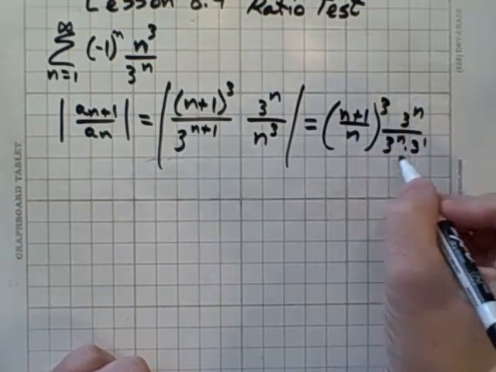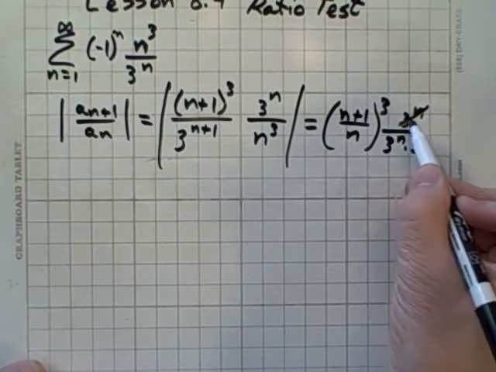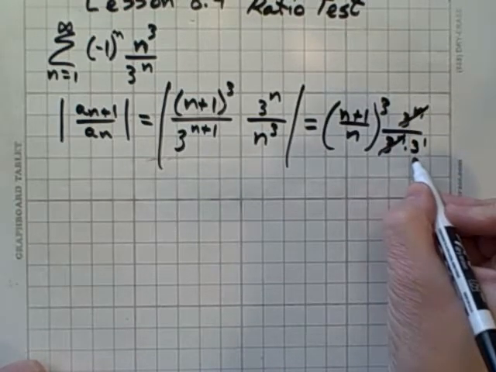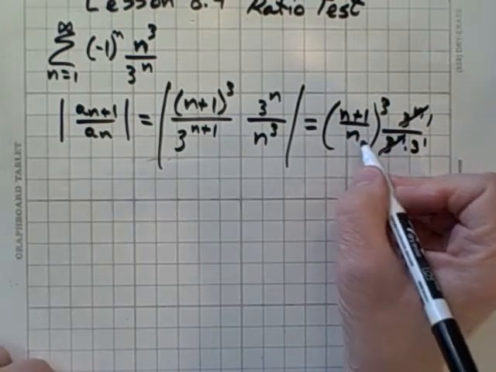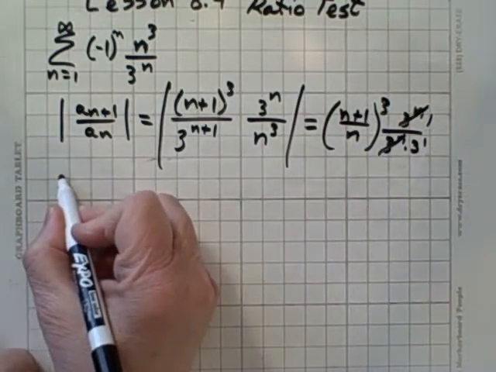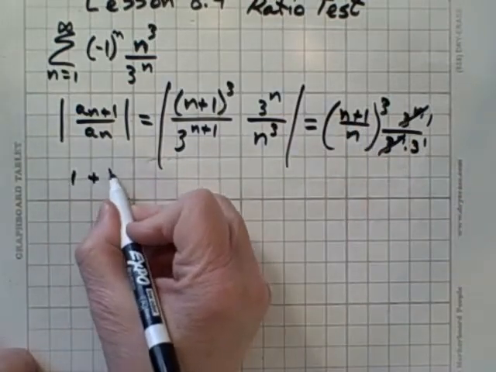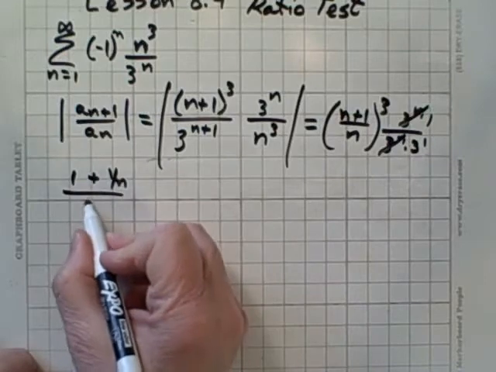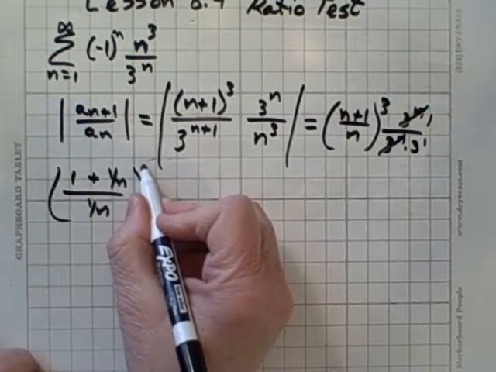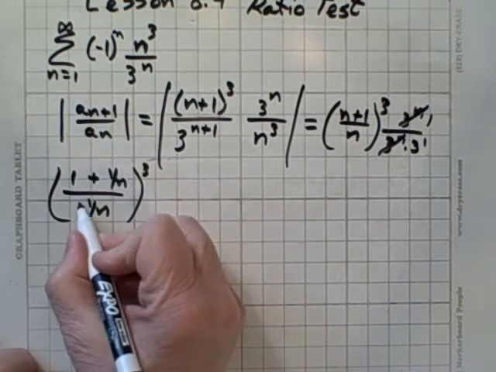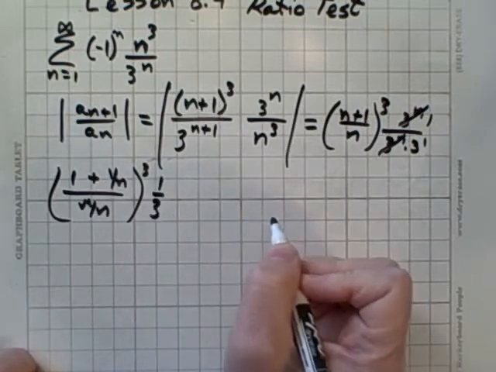We want to do as much algebra as possible and then do the limits, so the 3 to the n's do cancel. We'll get a 1/3, and this we could divide by the highest power of n. So if I divide everything by n, I would get 1 plus 1 over n, and another n over n. We still have the 1/3.